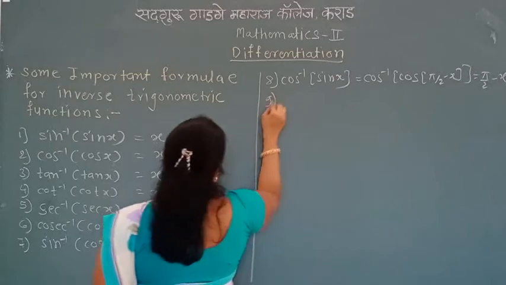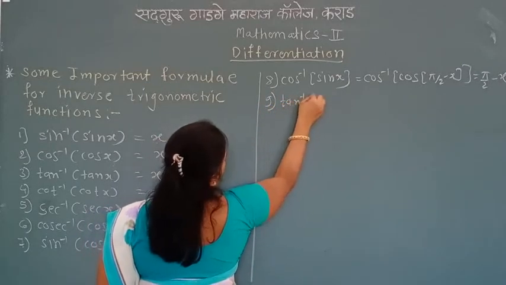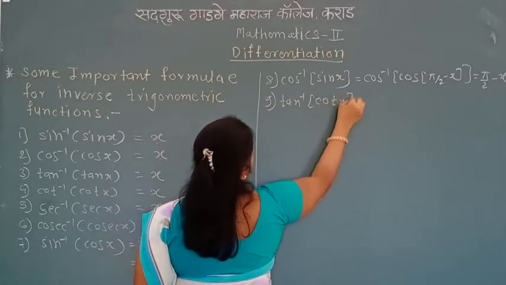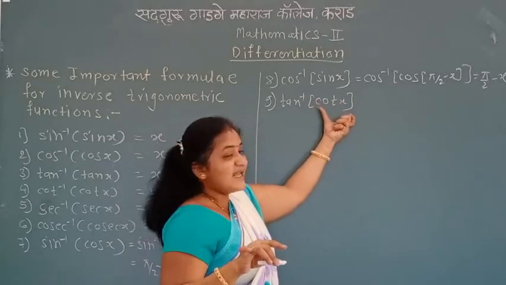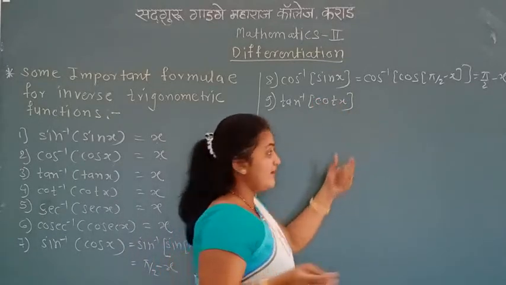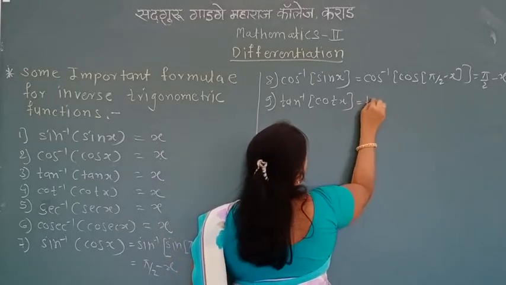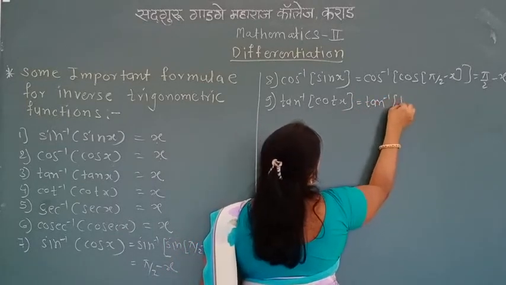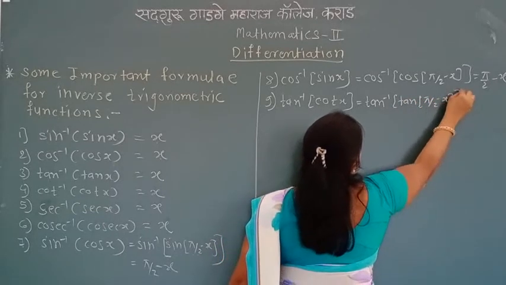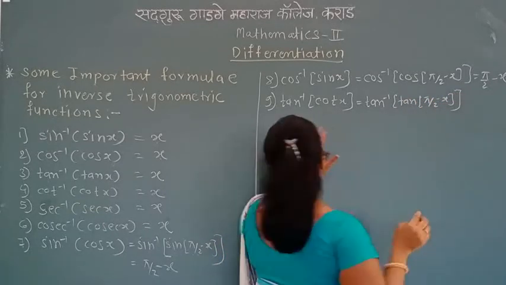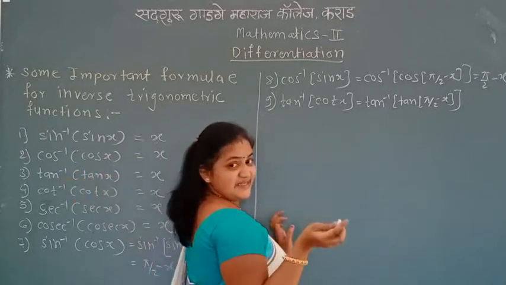Similarly, we can write tan inverse of cot x. This cot we can convert into tan term. That time we use the allied angle, so here tan inverse of tan of pi by 2 minus x. Again we can use the identity formula, tan inverse of tan x is x.